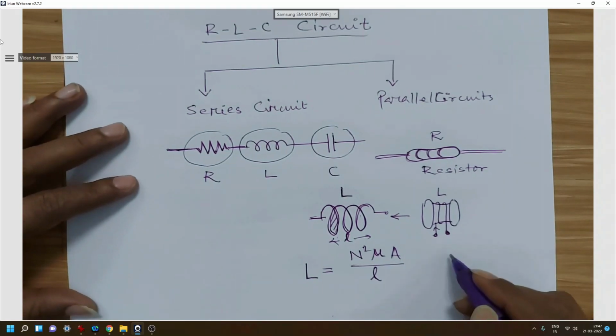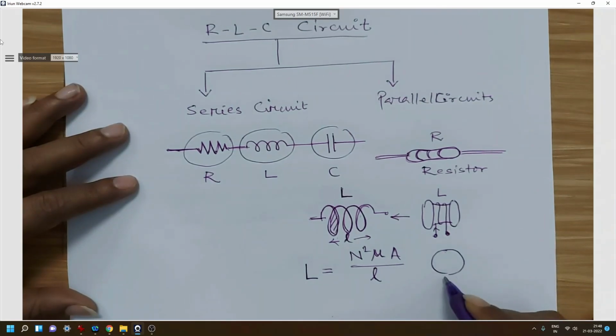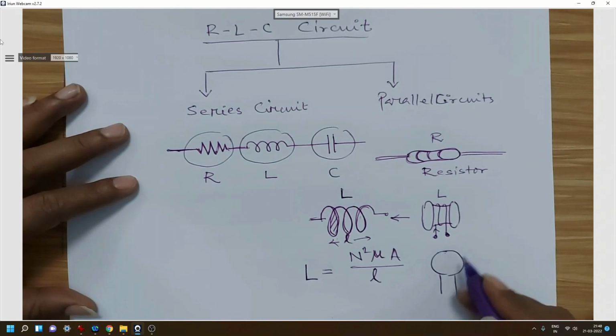Now what about the capacitor? For capacitor we will find either ceramic type or paper capacitors, which look like a button, and there will be some number like 104 or something else, which is also used for calculating the value of capacitance, and there will be the leads.